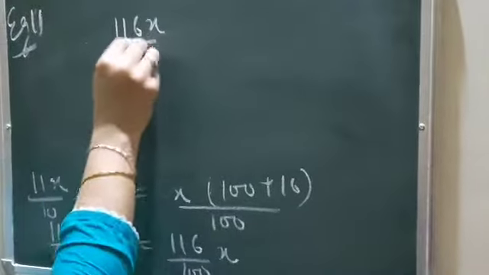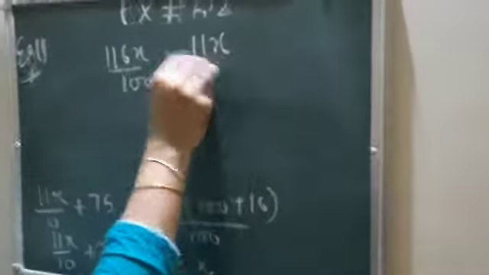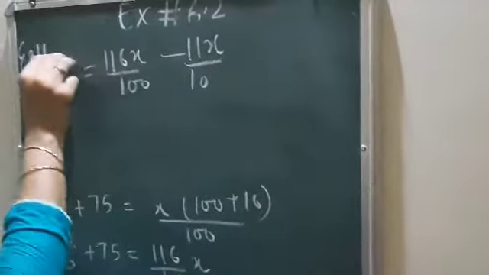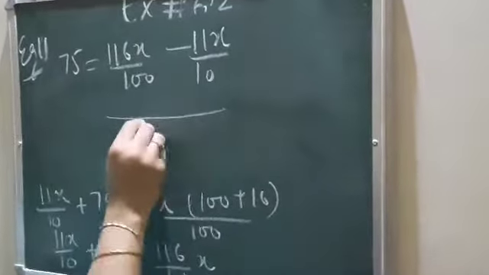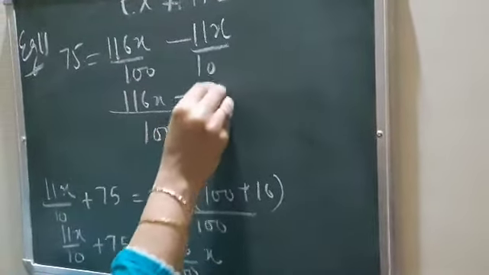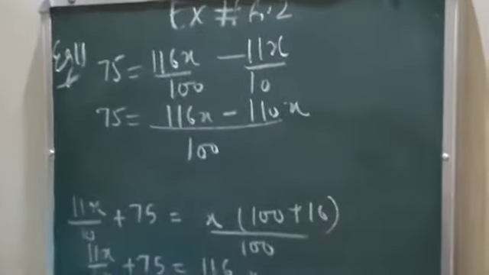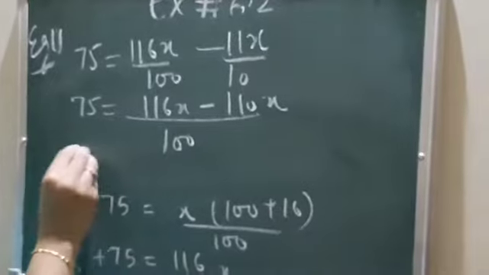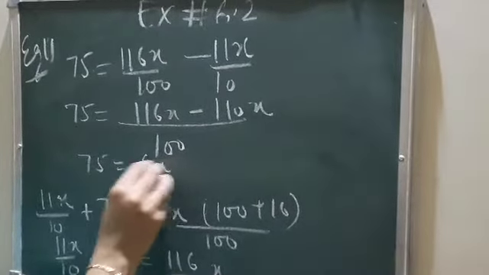116x upon 100. Now this will go there with minus sign, minus 11x upon 10, and 75 will remain at its own place. So just take the LCM. 116x minus 110x is equal to 75. So it will be 75 is equal to 6x upon 100.